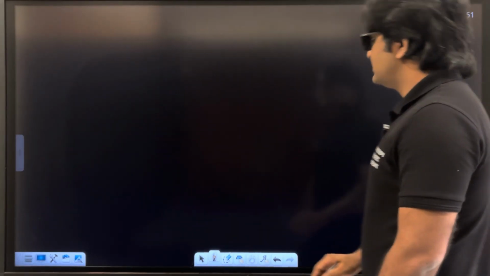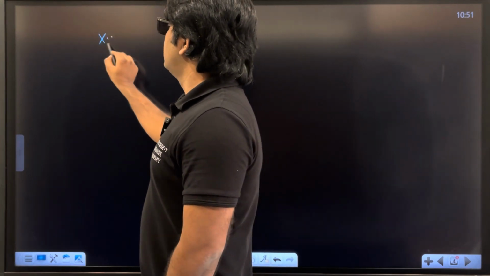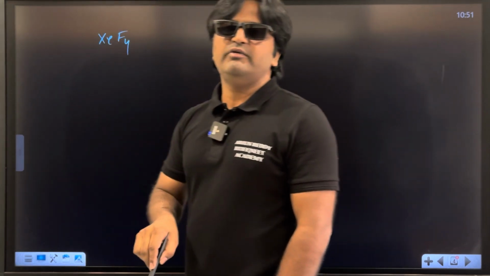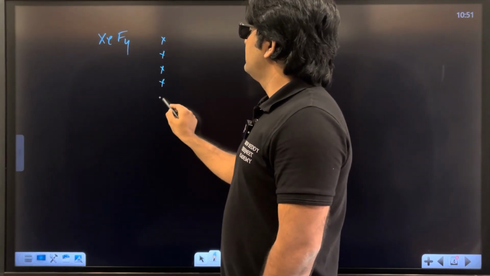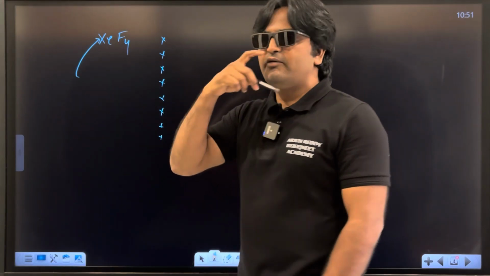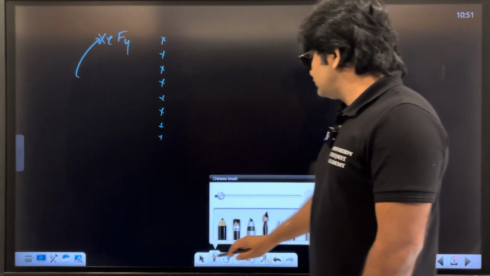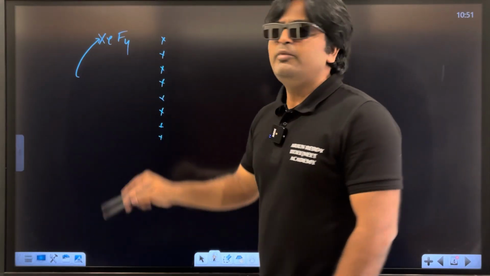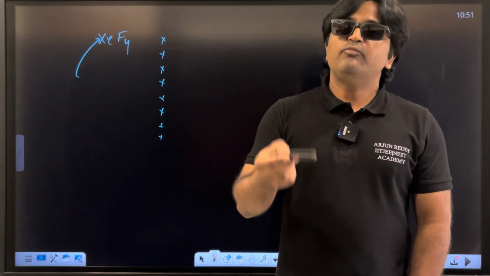Next, one more simple example, xenon tetrafluoride, XeF4. How to find the hybridization? 8 electrons, because the group number of xenon is 8th group. How many monovalent atoms surround it? 4 monovalent atoms.